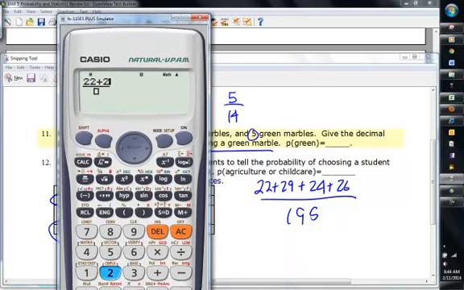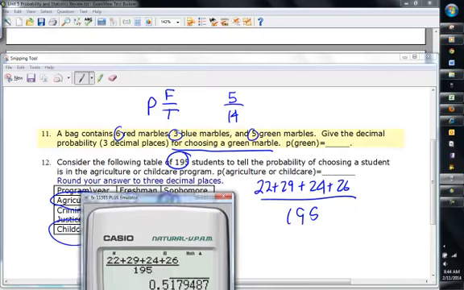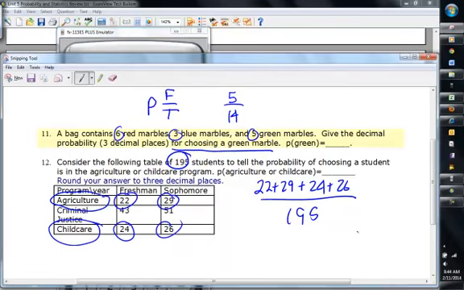That is 3 decimal places, so 0.518. Probability is 0.518. Next one.